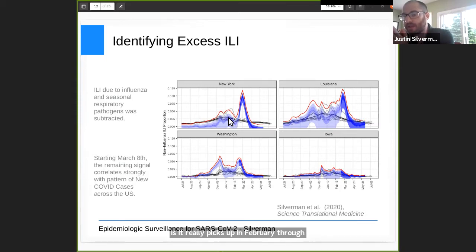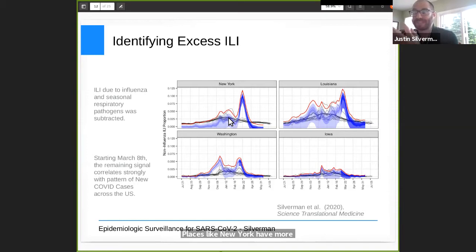And in particular, starting March 8th, this signal starts correlating extremely strongly with the pattern of COVID spread around the US. Places like New York have more excess ILI than places like Iowa, which had very few cases.